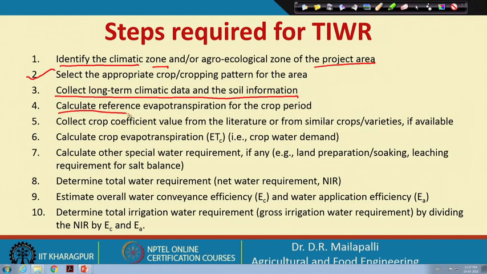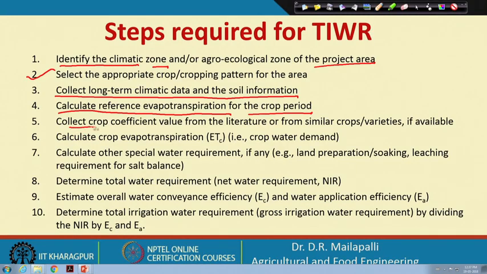And then fourth is to calculate the reference evapotranspiration for the crop period. Based on the data available with you, like soil data and weather data, you can estimate the evapotranspiration for the whole crop period, and collect the crop coefficient values from the literature for similar crops and varieties.